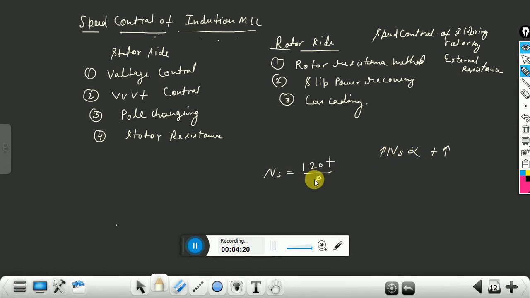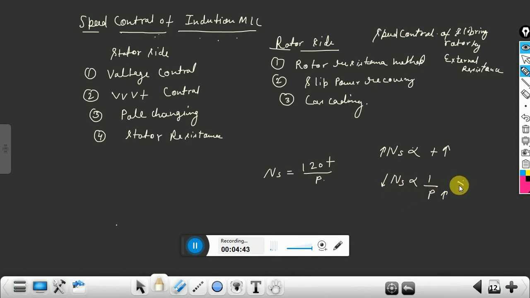And next method is, suppose these are the constants, so Ns is inversely proportional to P. When we increase the number of poles, our Ns decreases.